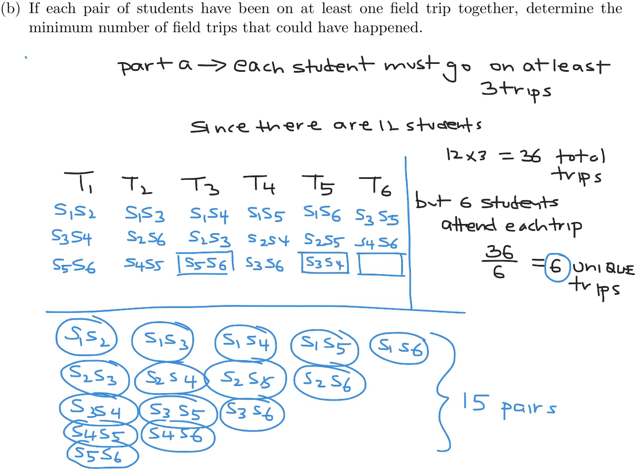And then the last one, we've used up 3, 4, 5, and 6. So S1 and S2. So this right here shows very nicely that each pair of students have been on at least one field trip together. And we are shown that this is possible with 6 trips, where 6 is the minimum number of trips that needs to happen for this to occur.